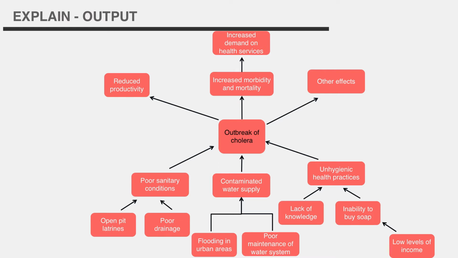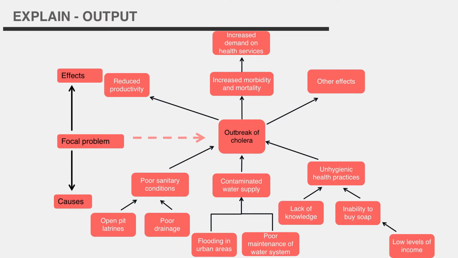Once we have the causes mapped out, we can look to potential consequences of the outbreaks, which will guide emergency interventions. The cholera outbreak is the focal problem, which we can describe in the first level of analysis. Explaining it by presenting both causes and effects makes the analysis better and more thorough.